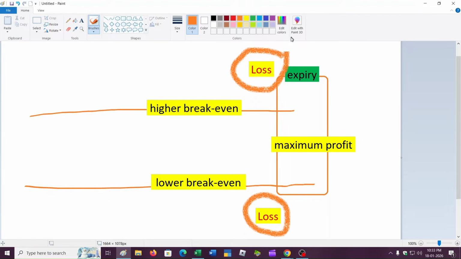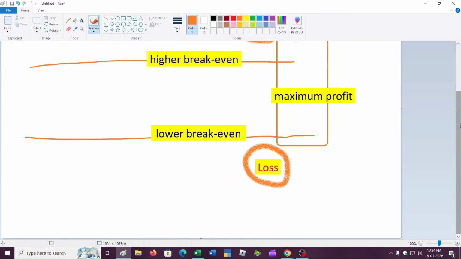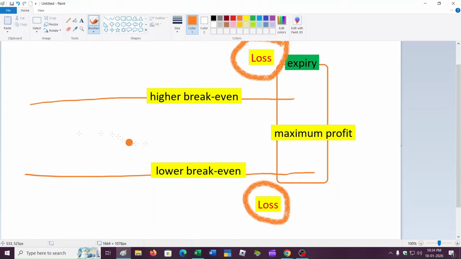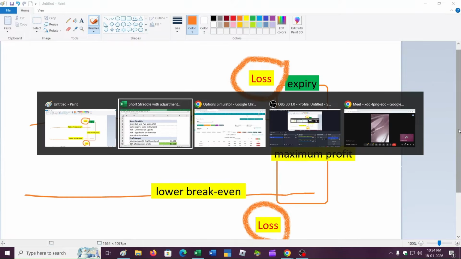If the stock goes above this, we will start making loss and the loss will keep on increasing as it keeps on going upwards. Same thing downwards as well. So we just need a range bound market and we are trying to make money as time goes. Our profit is mainly time decay. This is what a short straddle is all about.